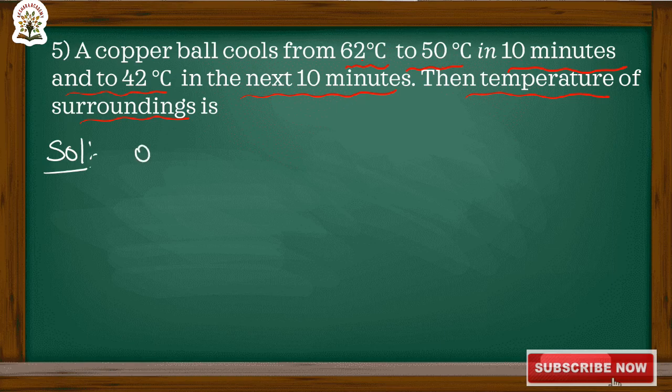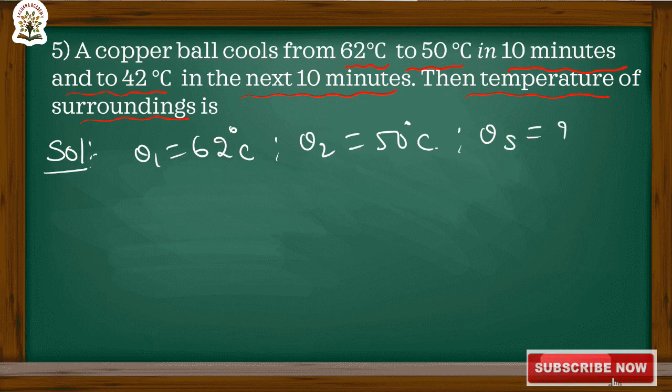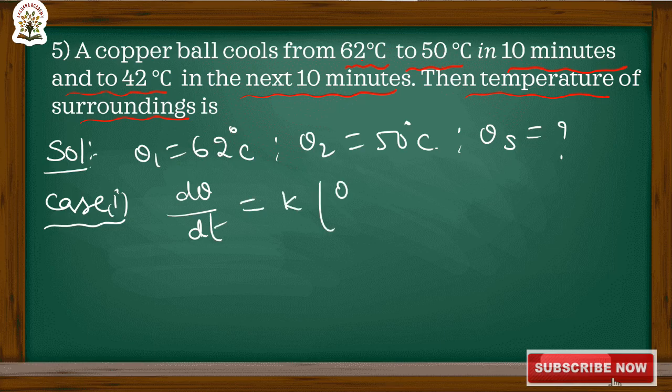Theta 1 is equal to 62 degrees centigrade and theta 2 is equal to 50 degrees centigrade, and the time difference is 10 minutes. You have to calculate the temperature of surroundings. Theta s is equal to question mark. From Newton's law of cooling, here we are writing case 1. d theta by dt is equal to k of (theta 1 plus theta 2) by 2 minus theta s.